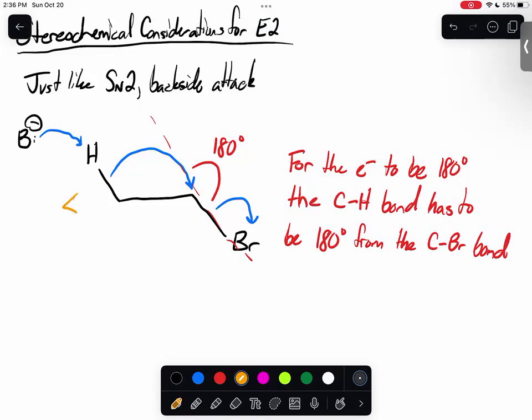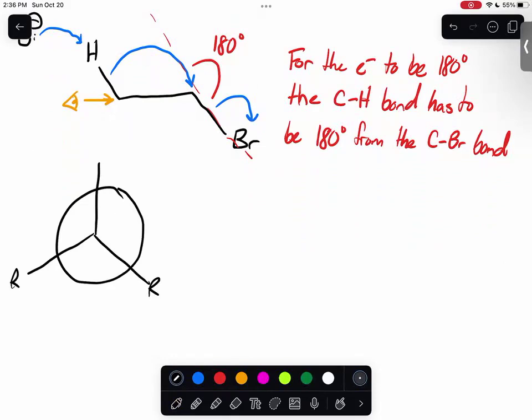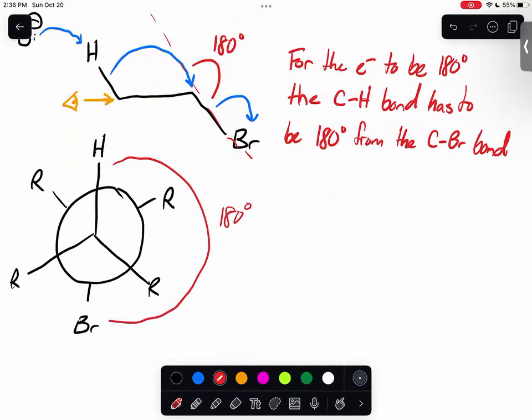Because if we're looking down this bond, we're essentially talking about the dihedral angle between the hydrogen and the bromine, right? A Newman projection looking down this bond would show us that if we're just assuming the groups on the sides are R's, right? Our bromine and our hydrogen are in plane, so they are the top and the bottom here. We see that the dihedral angle, in this case between these two, is 180 degrees, right? And if our dihedral angle is 180 degrees, that is essentially what we called anti when we talked about our Newman projections, right?